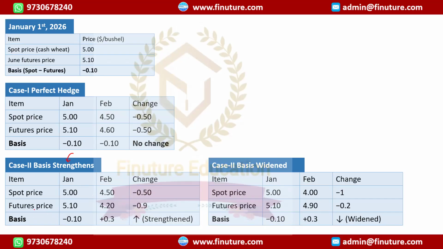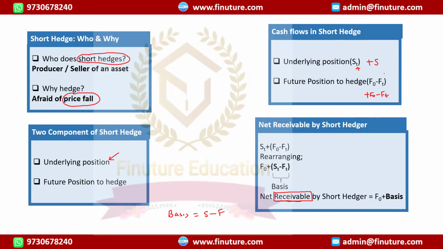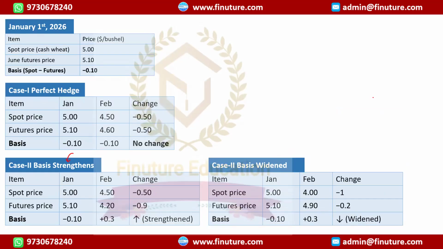But the future price is dropping more. The future price dropped from 5.1 to 4.2. Just think: if the future price drops more, it's favorable for the short hedger, because he has to purchase at that price.